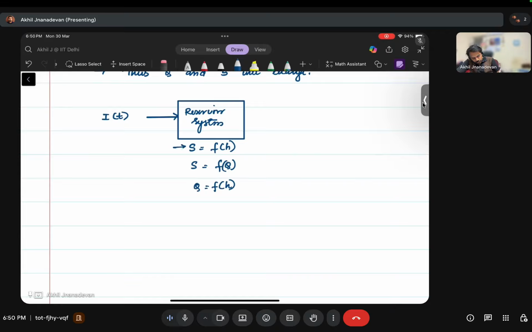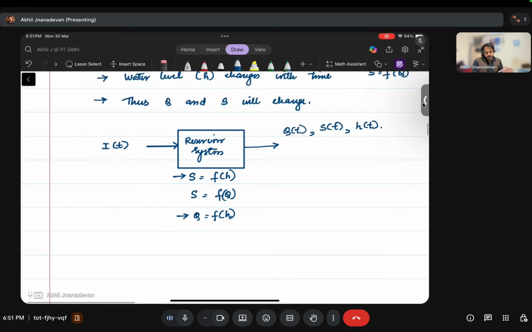So these two are important. Both the storage and flow rate are a function of the head, the water level in the reservoir, and it will produce Q(t), that is the outflow hydrograph, S(t), the storage change with respect to time, and H(t). These three will be changing.